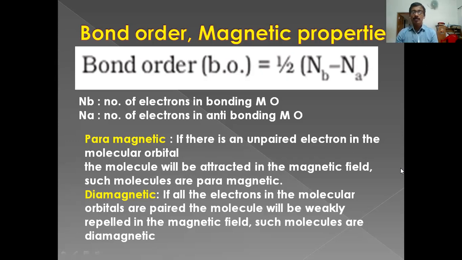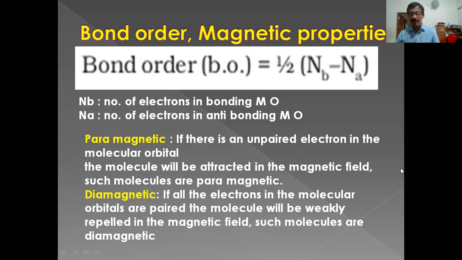Paramagnetic and diamagnetic properties. Here we are considering only paramagnetic and diamagnetic properties of molecules. Using molecular orbital theory, it is possible to find out the magnetic property of the molecule, whether it is diamagnetic or paramagnetic. In the molecule, if there is an unpaired electron, it has paramagnetic property.